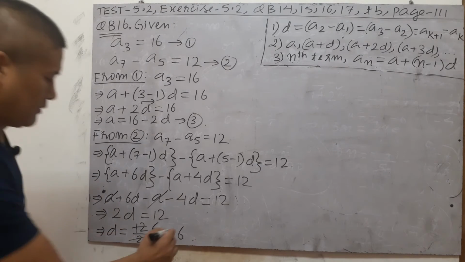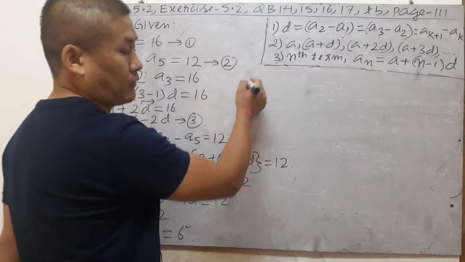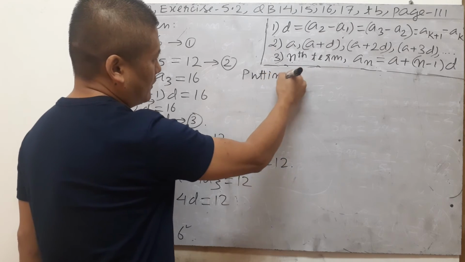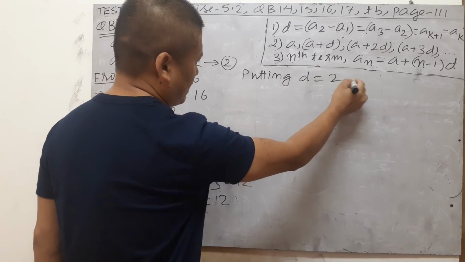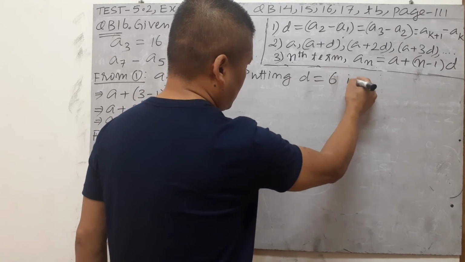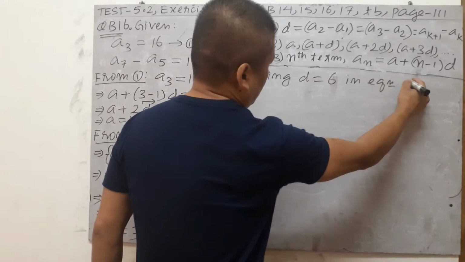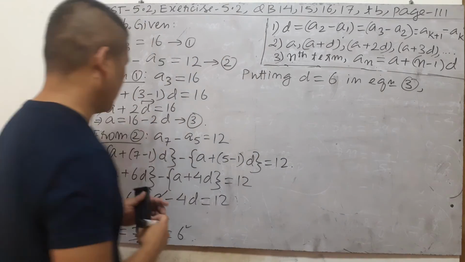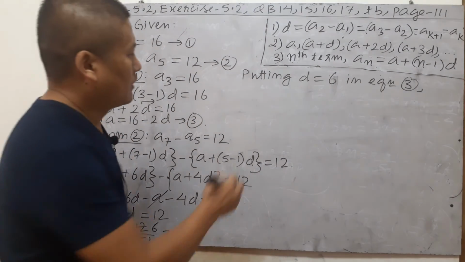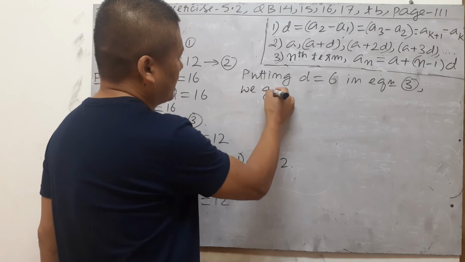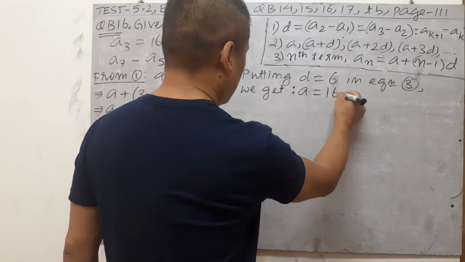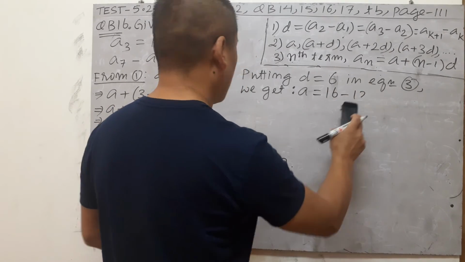D we have found out. Now we need to find A. To find A, we put this D value that we found just now, D equal to 6, in equation 3, because equation 3 is perfectly arranged to find A. We get A equal to 16 minus 2D.